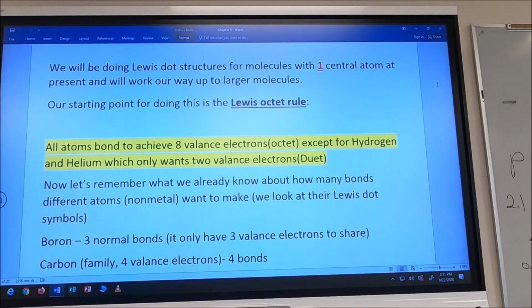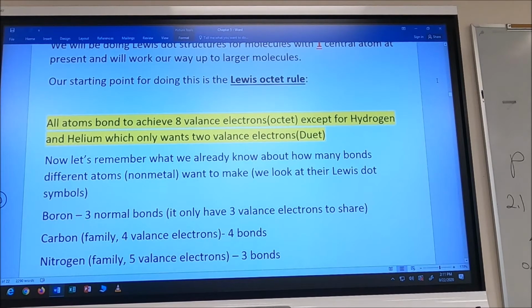Okay? So let's remind ourselves about the Lewis octet rule. Or I don't know, maybe I haven't discussed the Lewis octet rule with you yet. Lewis octet rule says that all atoms bond to achieve 8 valence electrons. That's an octet, except for hydrogen and helium, which only wants 2 valence electrons, a duet.